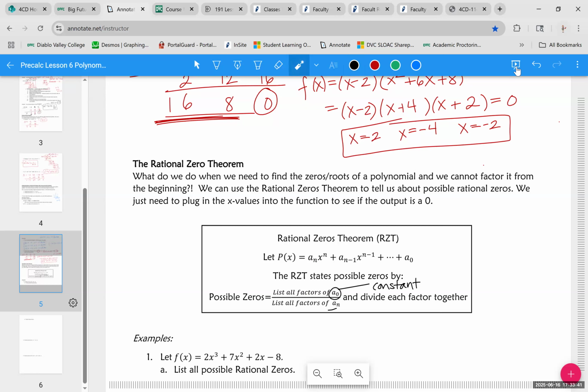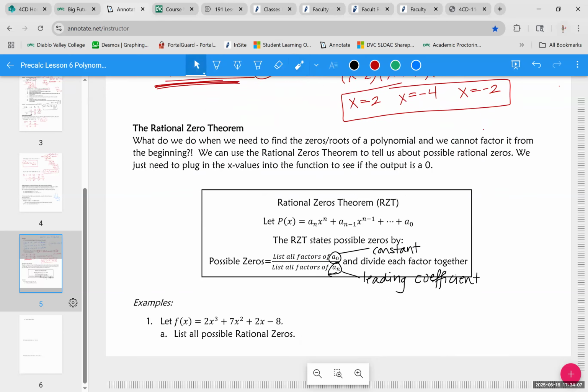An is the leading coefficient. So what we're basically going to do is list all the possible factors of the constant and all the possible factors of the leading coefficient, and then create a list of all the possible combinations of those two lists on top of each other.